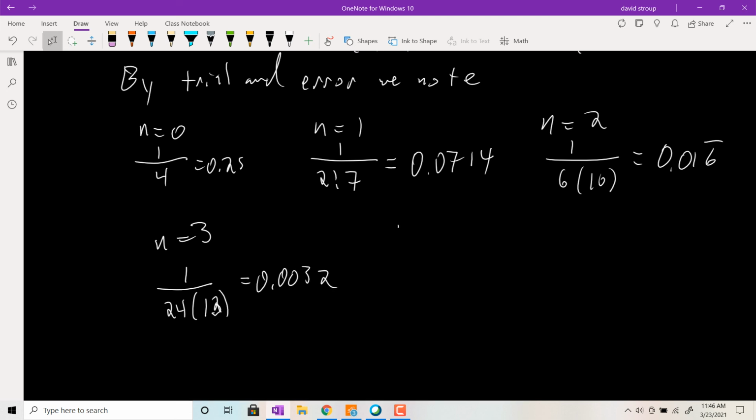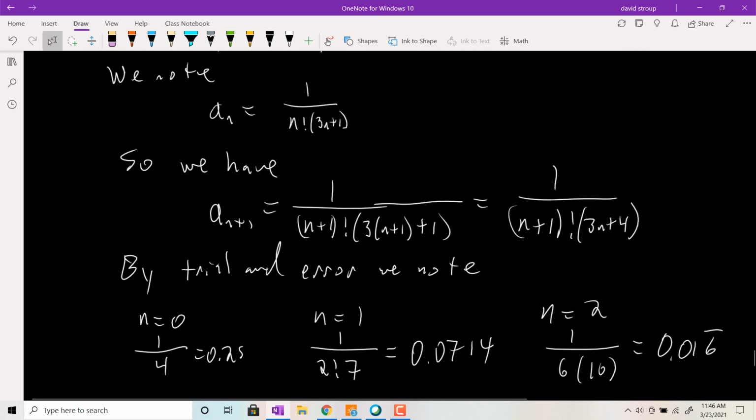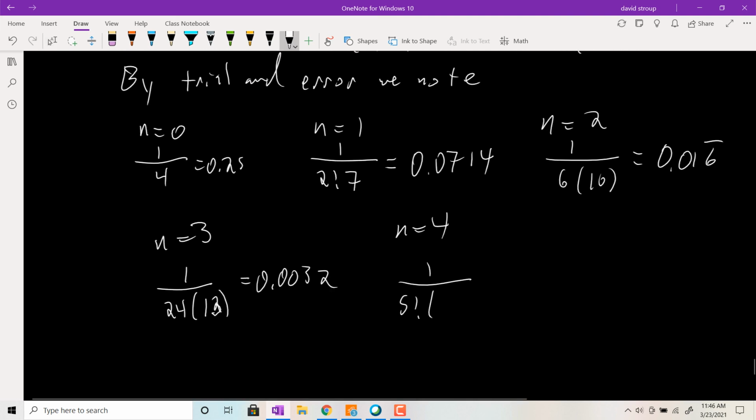Still not good enough. n equals 4. Get 1 all over 5 factorial times, so we're putting in 4, 12, 16, which is 0.000 almost, so it must be n equals 5.